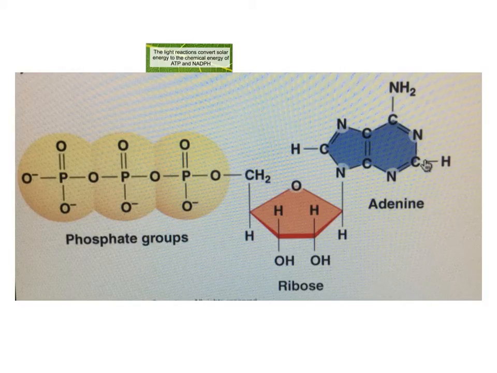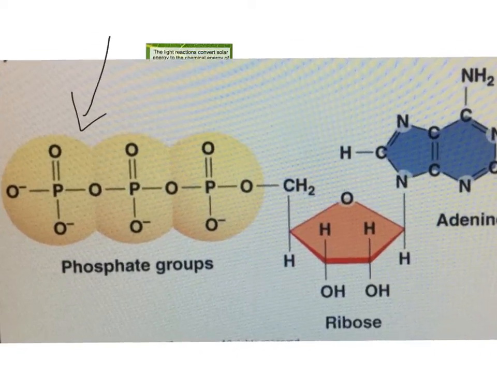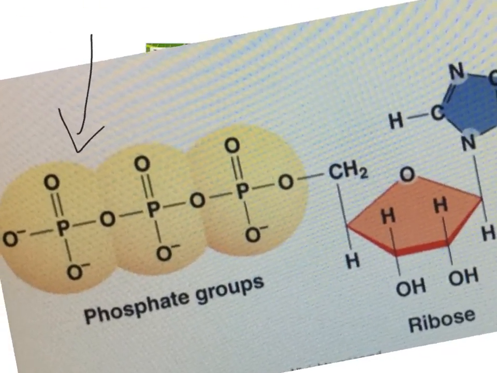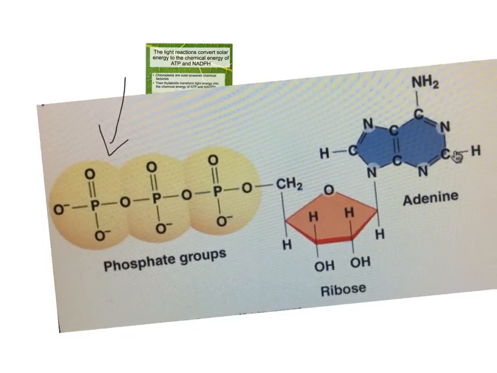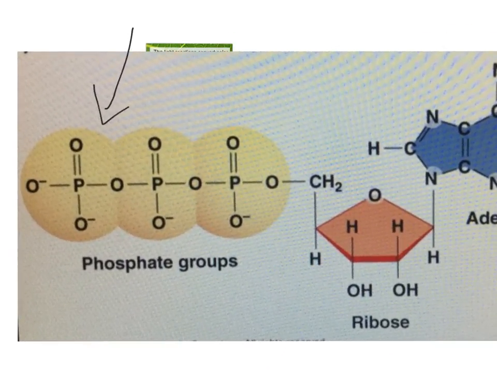So here we have an ATP molecule, and once again, we'll look more at this in cellular respiration, but a couple of things that you need to know. If you look at this molecule, because of this third group, it causes it to be unbalanced. It's this third phosphate. What it does is it makes the whole molecule itself unstable. And when it's unstable, you need more energy to hold it in.